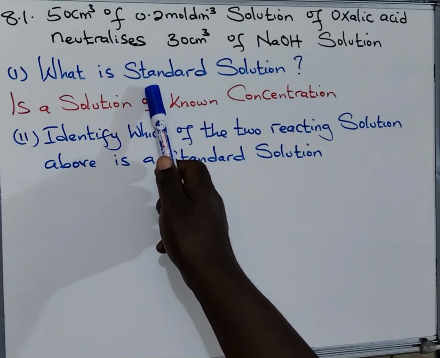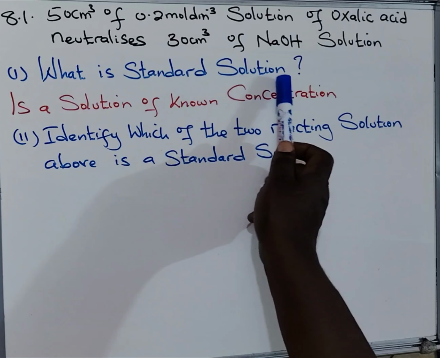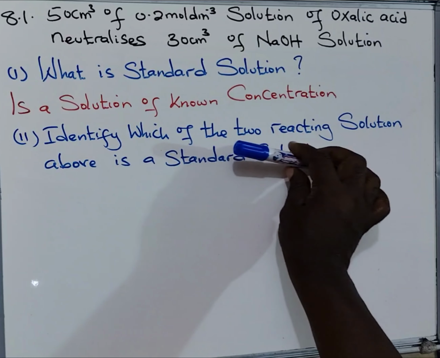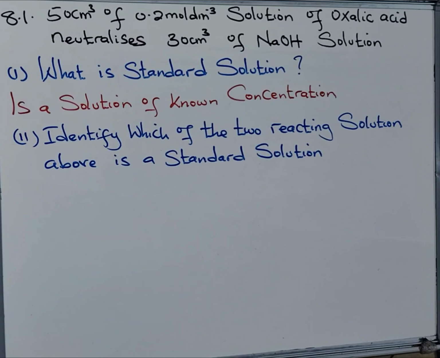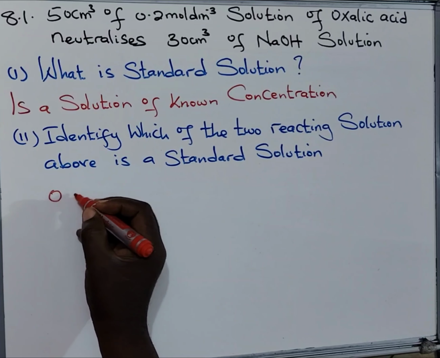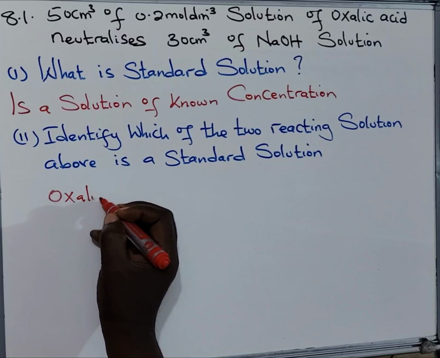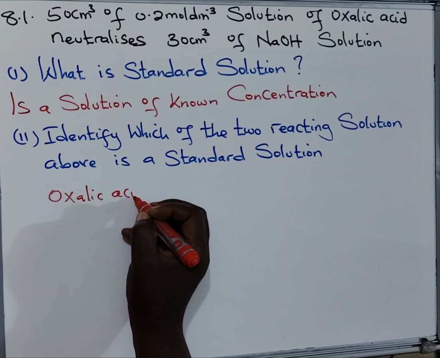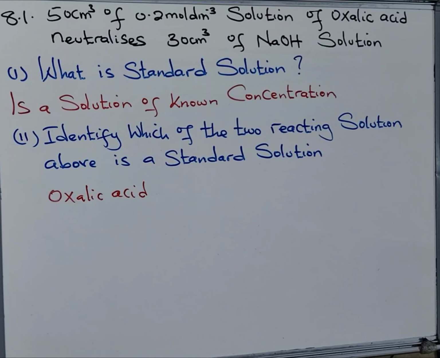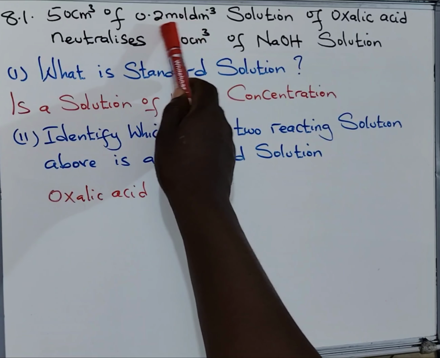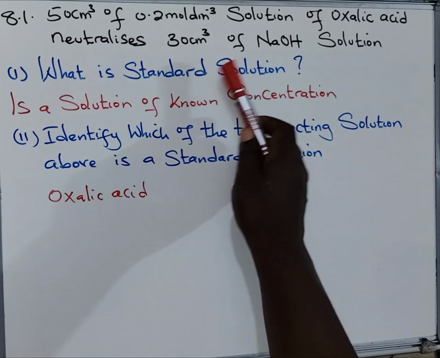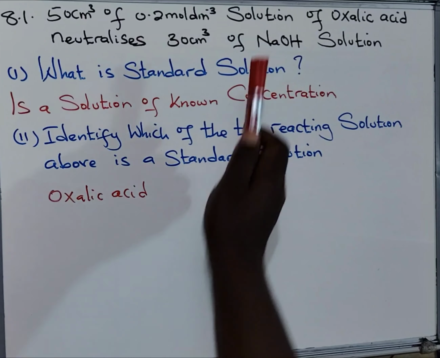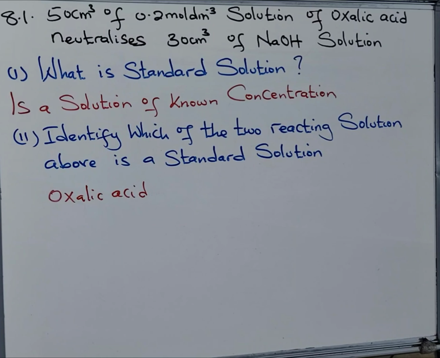From the definition, a standard solution must be a solution of known concentration. So which of the two is of known concentration? The answer is oxalic acid. It is the one whose concentration here is known. As for sodium hydroxide, we have the volume, but we don't know the concentration.